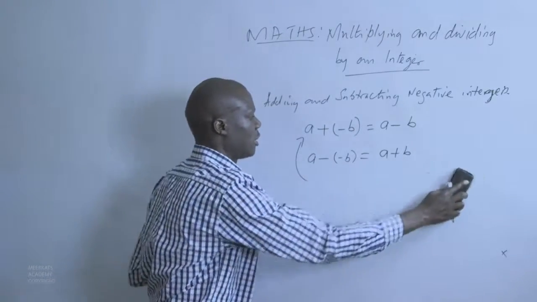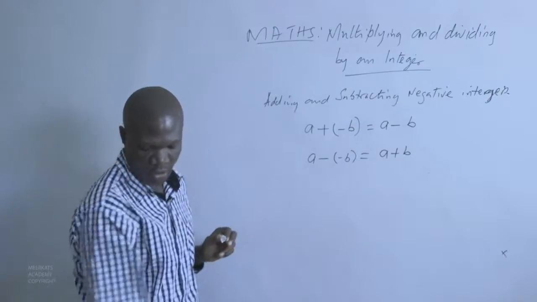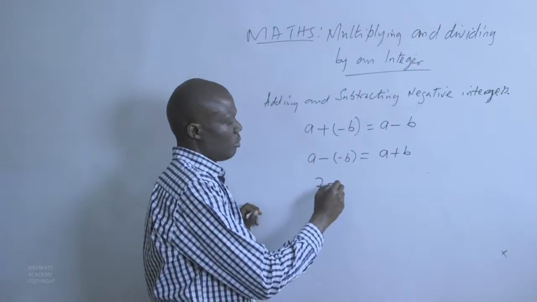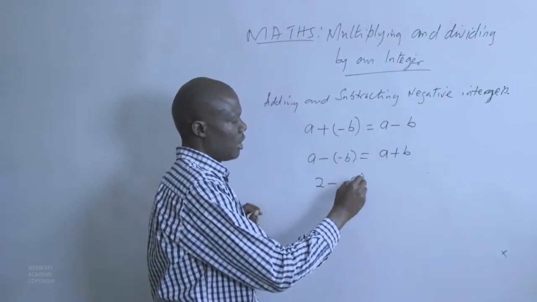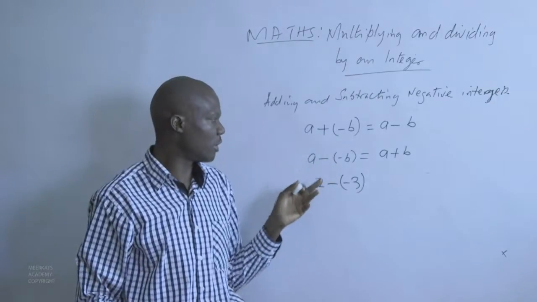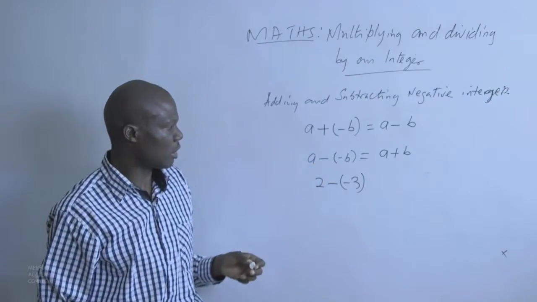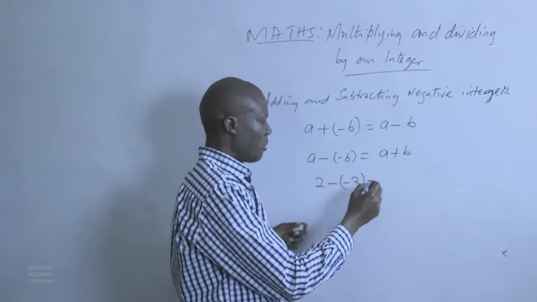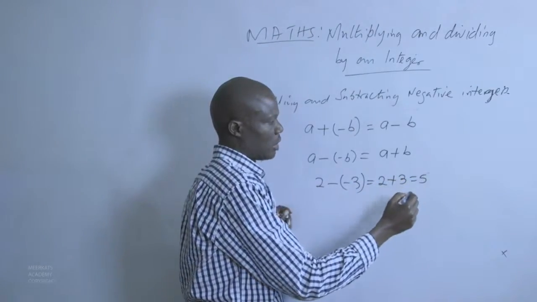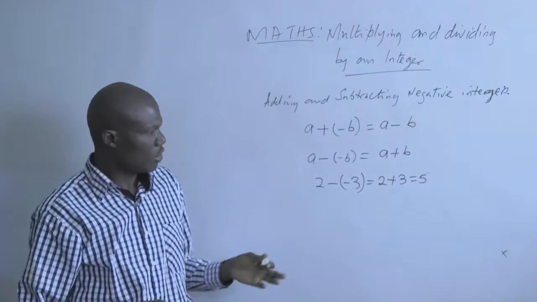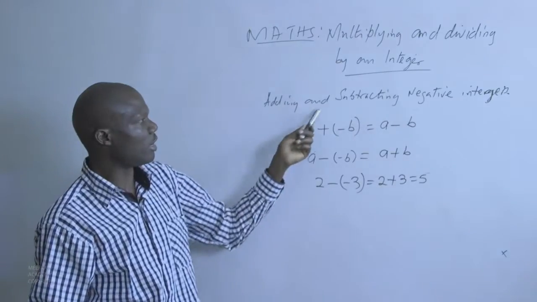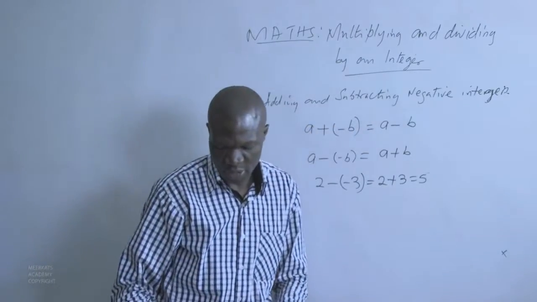For the second illustration, if you have 2 minus negative 3, this will be the same as 2 plus 3, which gives us 5. So this is how we add and subtract negative integers.